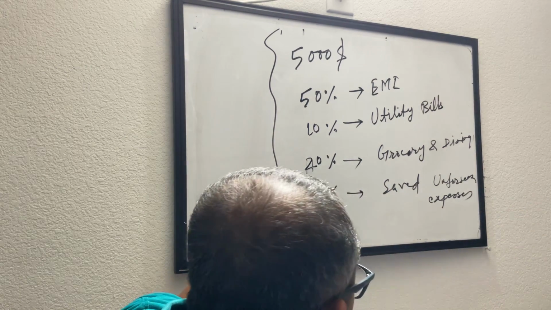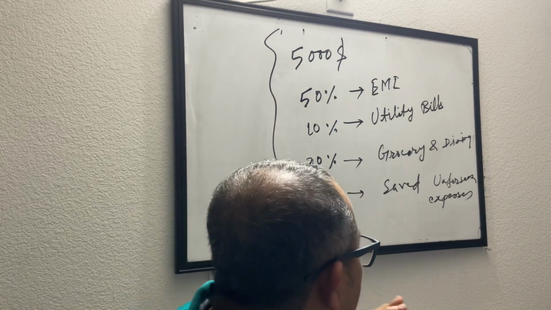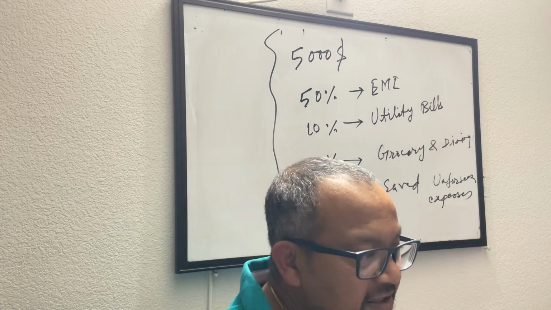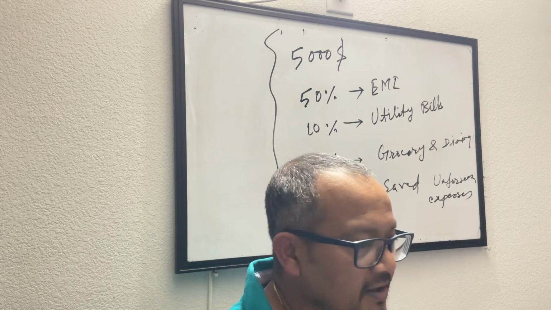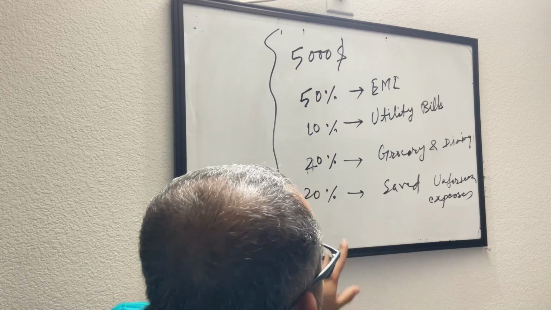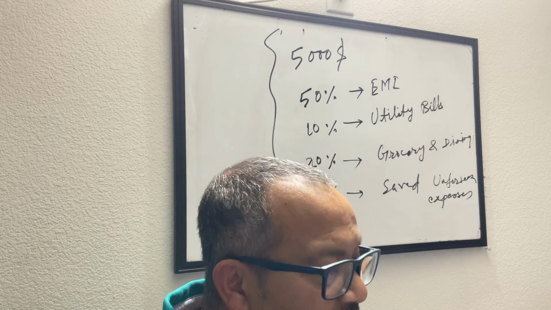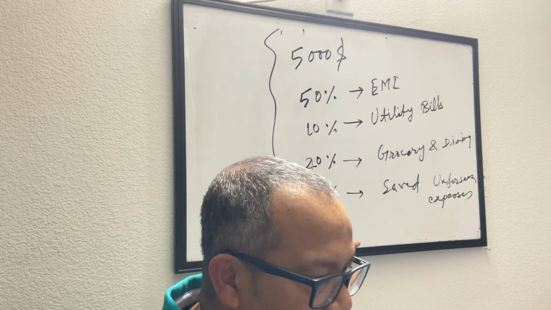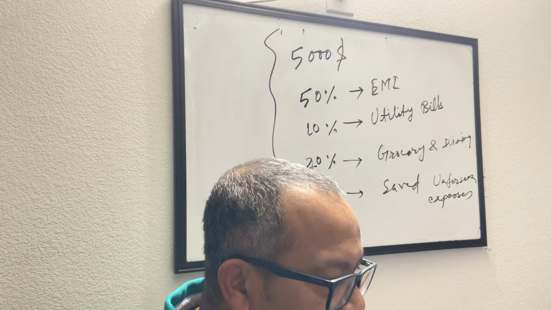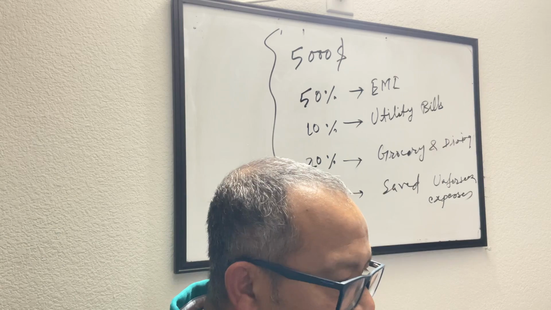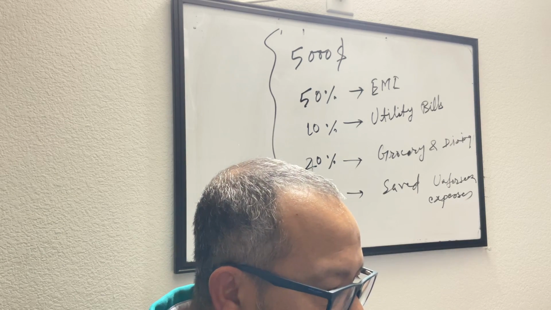Remaining 20% I save for unforeseen expenses or for medical. My question here is, how much money am I saving every month for unforeseen expenses or for my medical bills. Got the question?